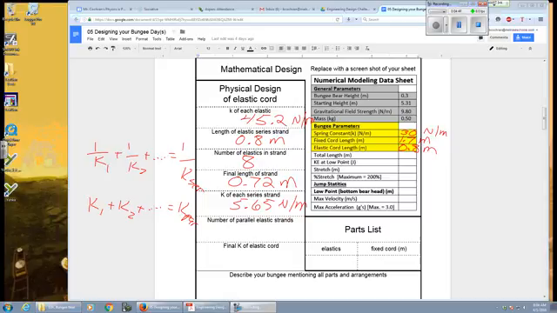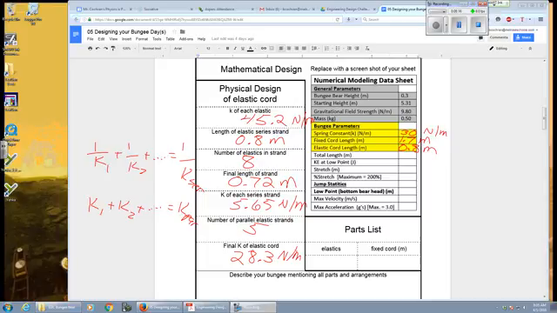I can't have 0.3 of a strand. So again, I'm going to use 5 strands. I'm rounding again. And so if I have 5 strands that each have 5.65 as their K, my elastic cord is going to be 28.3 newtons per meter rather than my 30.